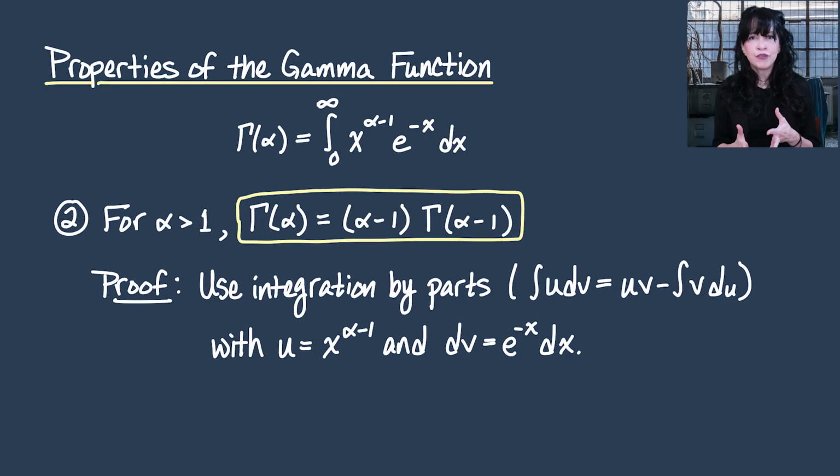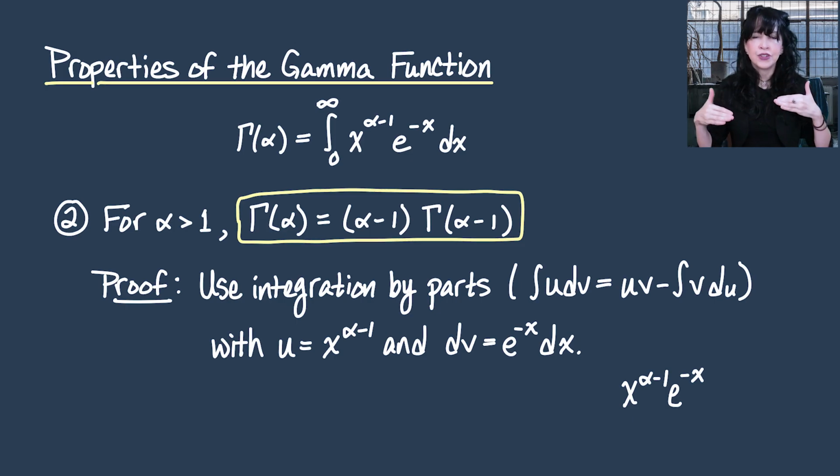At some point, you will find yourself with an x to the alpha minus 1 e to the minus x that you have to evaluate from 0 to infinity. And when you're evaluating at infinity, that's like taking the limit as x goes to infinity. And although when alpha is greater than 1, x to the alpha minus 1 is blowing up, the e to the minus x is eventually going to take over and bring it down to 0.